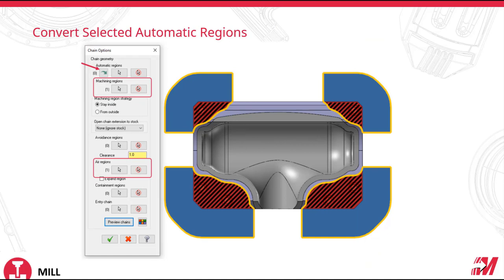If you select that, it puts the machining region in, and it also puts the air region in, kind of like you manually set it. So as I said, if you're not happy with the results out of automatic, you can flip them back to a standard way of programming as far as machining regions, air regions, and avoidance regions.